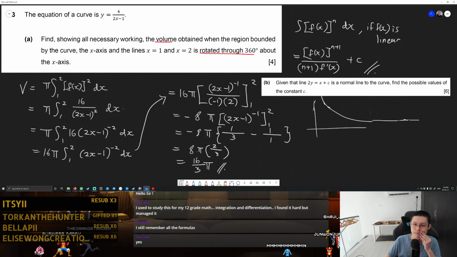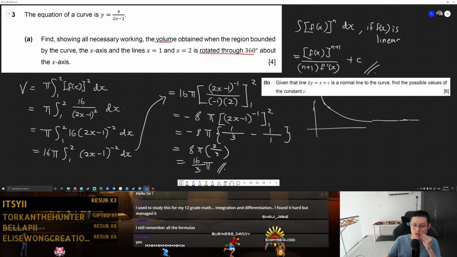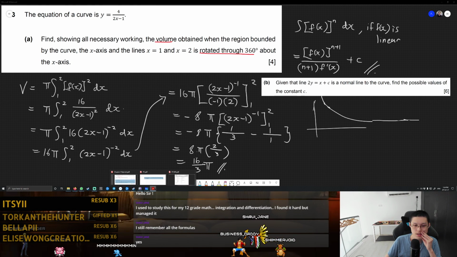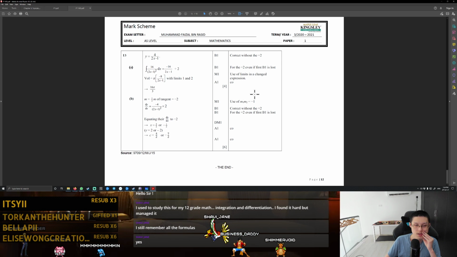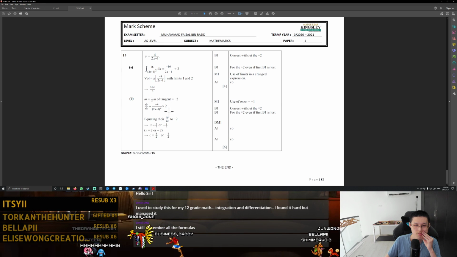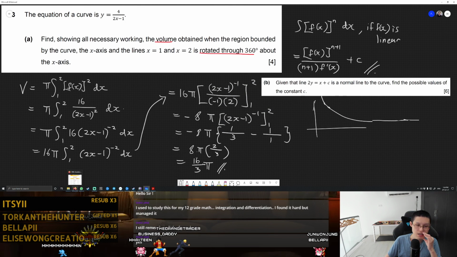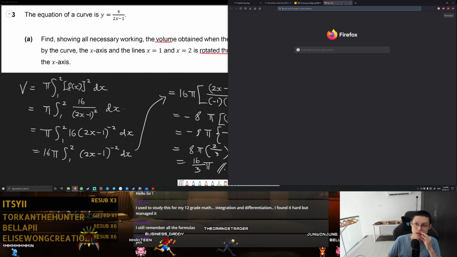Let me think. Given that the line is a normal line to the curve, find the possible values of the constant c. It is a normal line to the curve, but the curve doesn't have a fixed gradient. What do they mean by this? Unless I'm imagining the curve wrong, but I'm quite sure it looks like a 1/x graph.